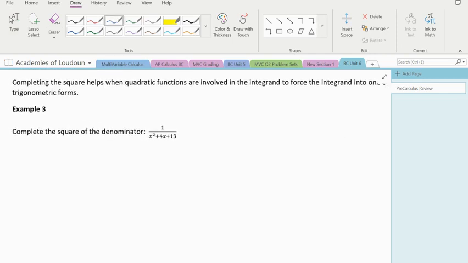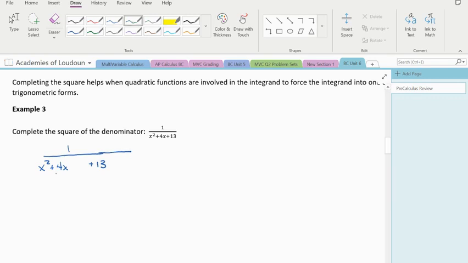Now, what's different about these than what you've done in pre-calculus is we don't have an equal sign where we're working on both sides. So if we have 1 over, and I'm going to write x squared plus 4x, and I'm going to leave a space and then move the 13 over. And the technique is going to be the same.